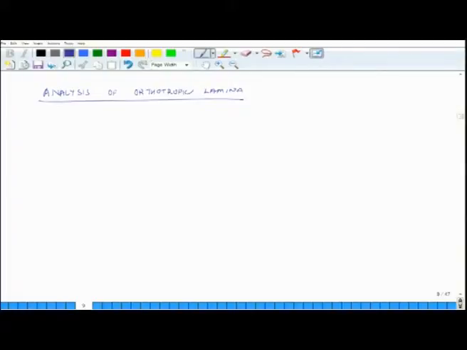And we have discussed what is an orthotropic lamina, but for purposes of completeness we will just quickly recap what orthotropy implies. So, first we will consider an isotropic material.